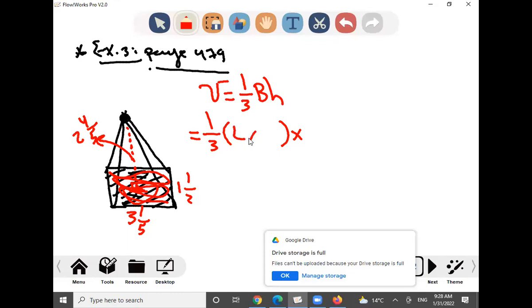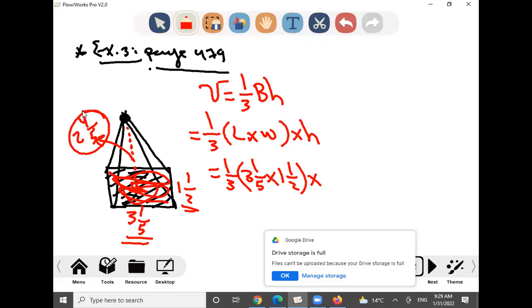The height of the pyramid comes down. Now apply: 1 over 3, multiply the length 3 and 1 over 5, multiply the width 1.5, all multiplied by the height of the pyramid, 2 and 4 over 5.